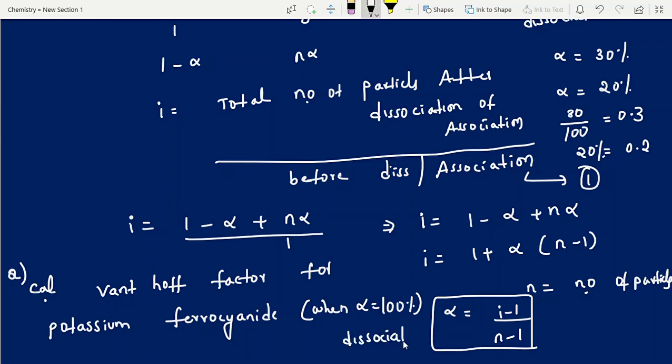See, they mentioned here dissociation. Then what is the formula? This is the formula, right?